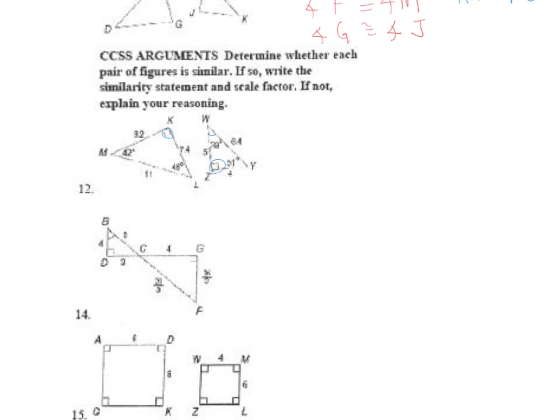But what we find very quickly is that angle M is not congruent to angle W, and that angle L is not congruent to angle W. So our answer for this one, number 12, is no, they're not similar, and the reason is because not all angles are congruent.